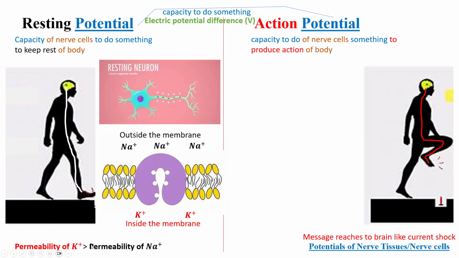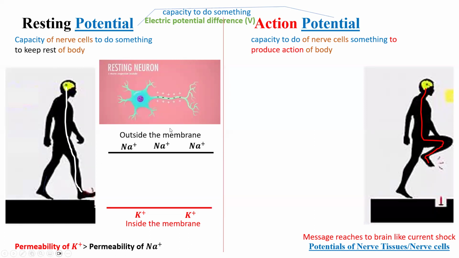So they are diffusing inside, and the sodium ions are normally staying outside when your body is in the position of rest. So this is something that is happening in the case of the resting potential.